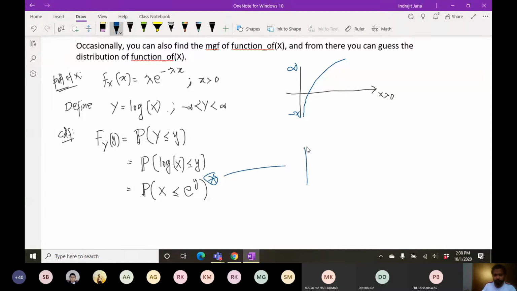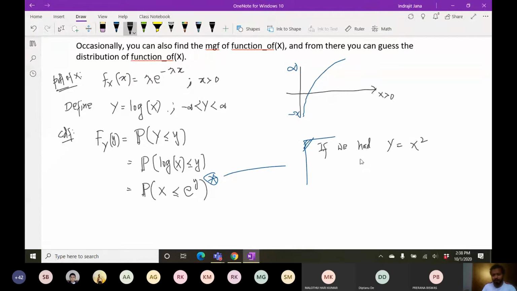Actually, this is the only step which will change from problem to problem. Let me put a comment here: for different problems, you will have different calculations there. That is the only step where the problem changes. For example, if we had y equal to x square, suppose you want to find the PDF of x square.